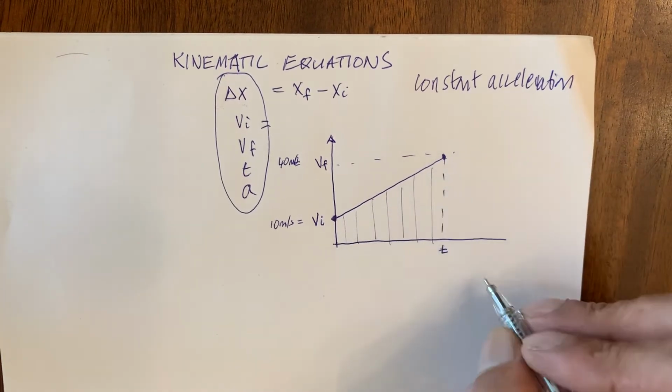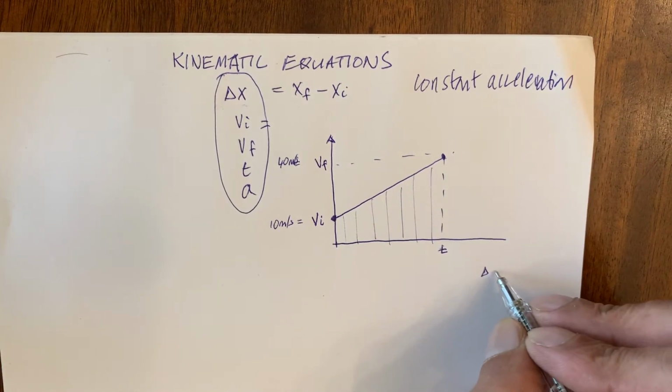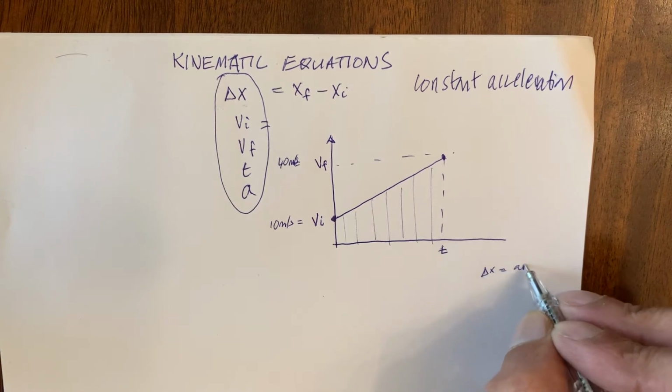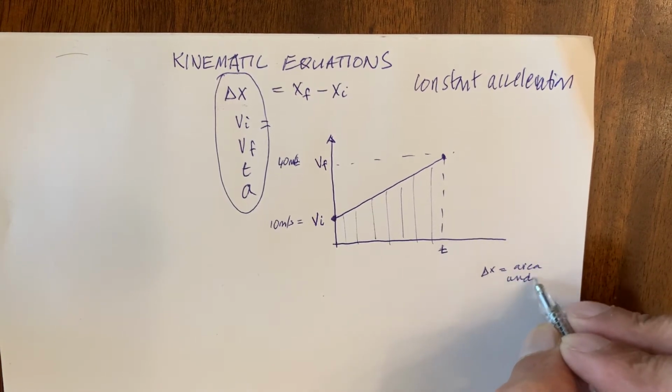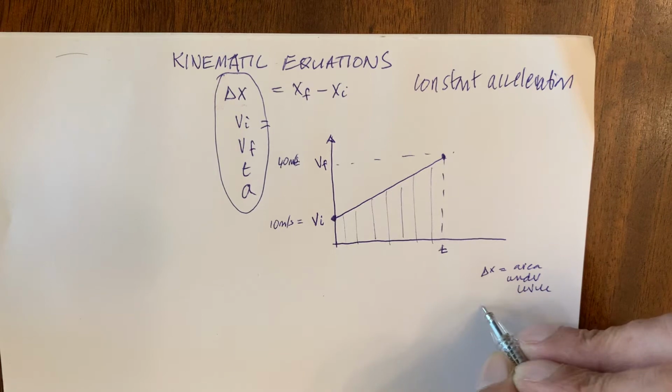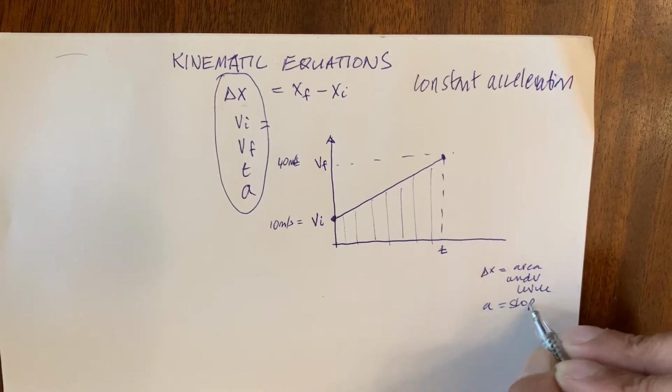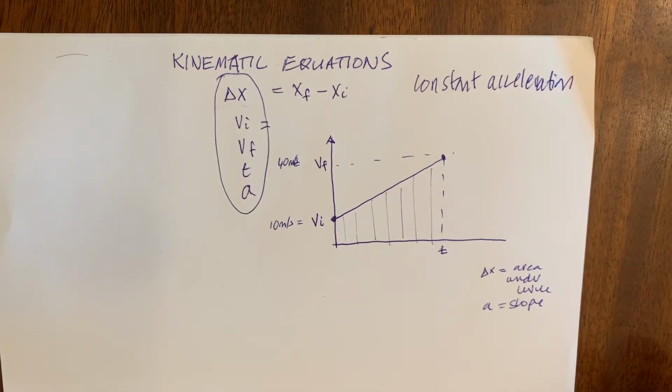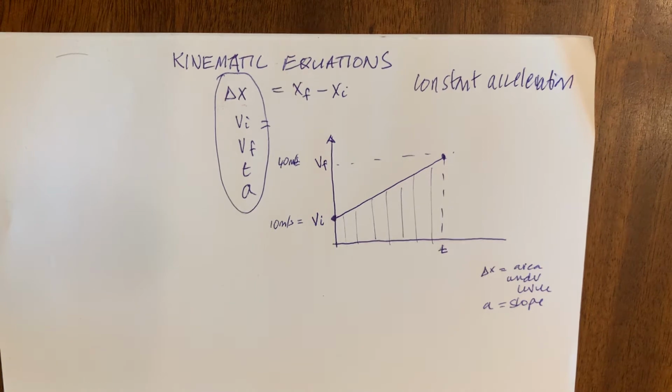So again, displacement is area under curve, and acceleration is the slope. And that's where all the kinematic equations come from, right from just there. Let me show you how.